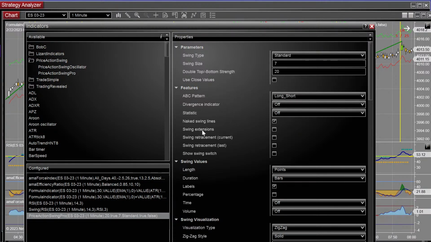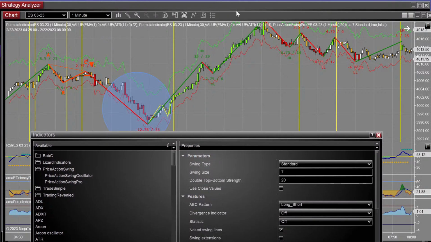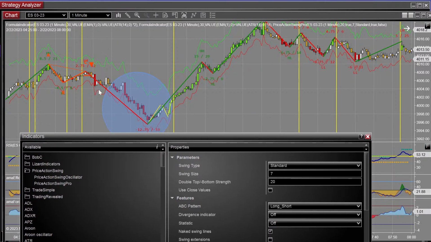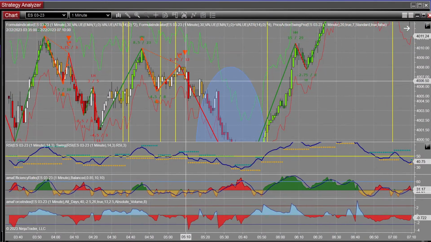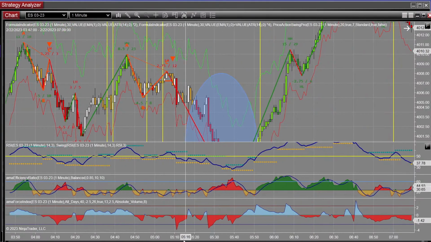ABC pattern, and so on. Yeah, this indicator also gives you ABC patterns. You can see it gives you non-repainting swing patterns. These do not repaint, so you can actually use it just as a signal. The way it works is all these things happen in real time, so you don't have to worry about repainting.